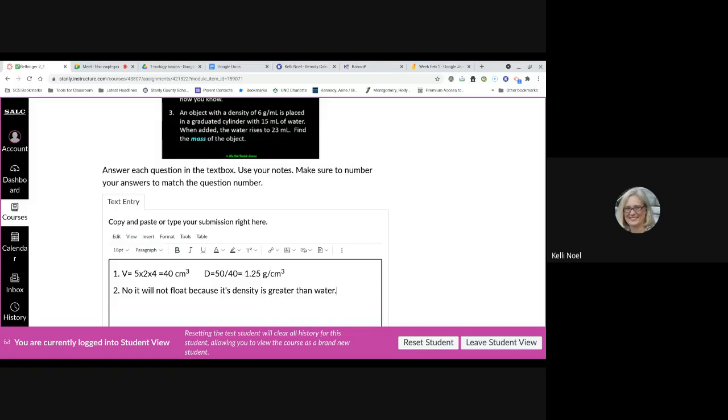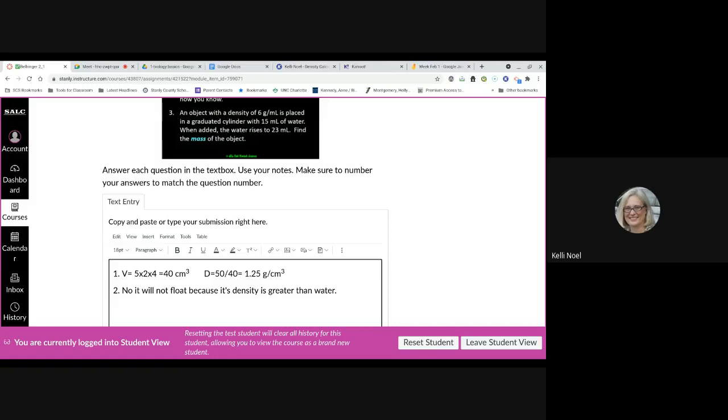Then there is one more density problem. And for those that were here, I showed a triangle method. Right here, you can put your formula in.